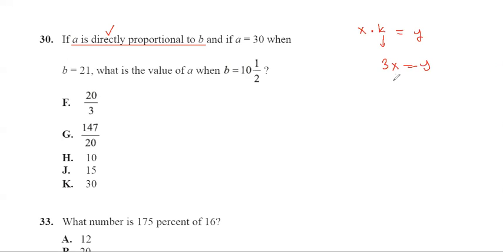If I change X to 1, then Y is going to be just 3. If I make this 2, then 3 times 2 will be 6. If I do this 3, that's going to be 9. So as we increase the X values, the Y value is also increasing at the same time. In those cases, we say X and Y are directly proportional.